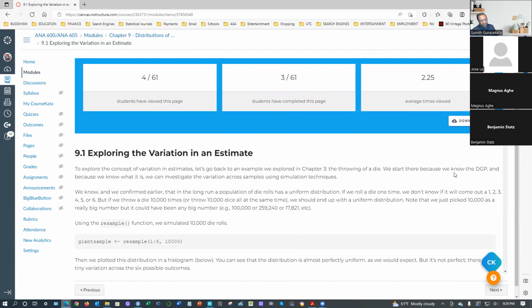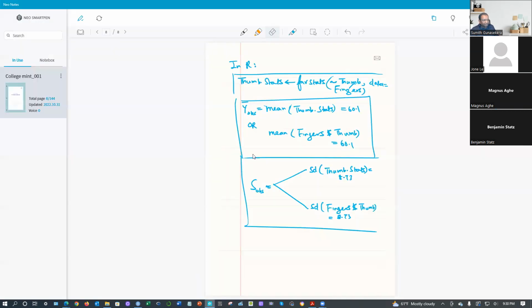We start there because we know the DGP, and because we know what it is, we can investigate the variation across the samples using simulation techniques. This is one of the best examples. That's why they are citing that one, in which you have an idea about the population distribution.